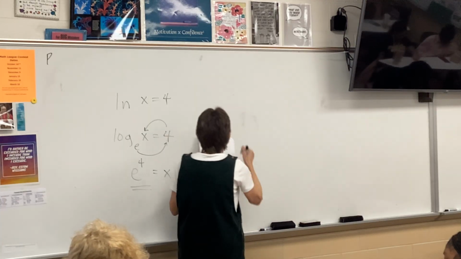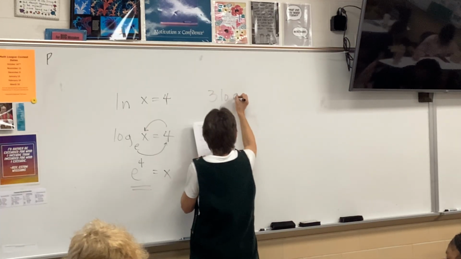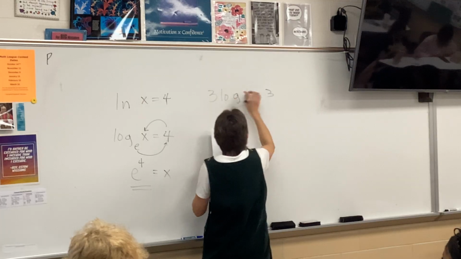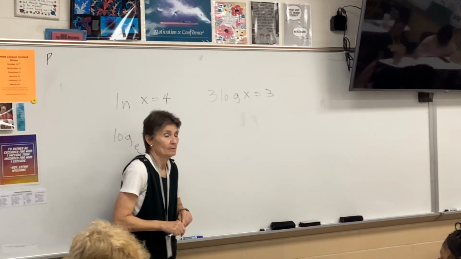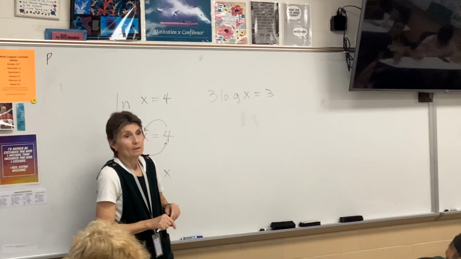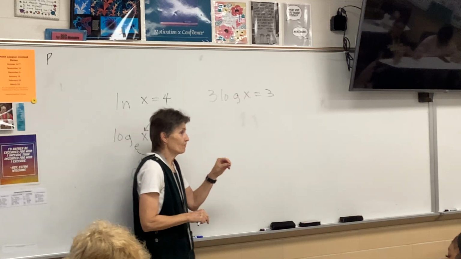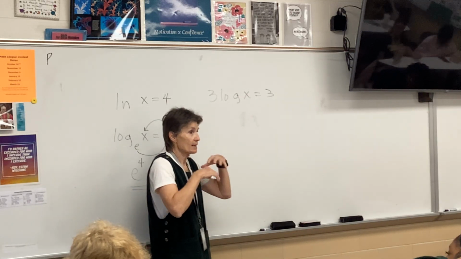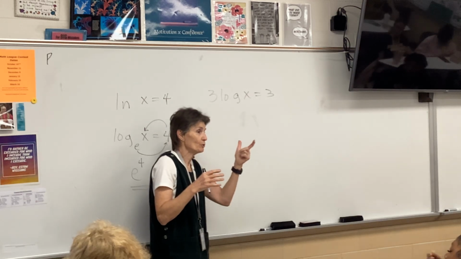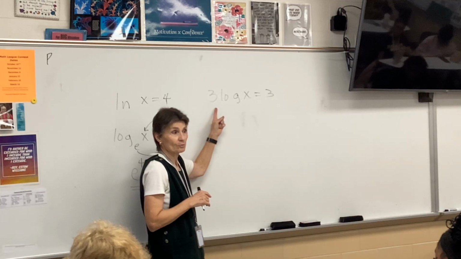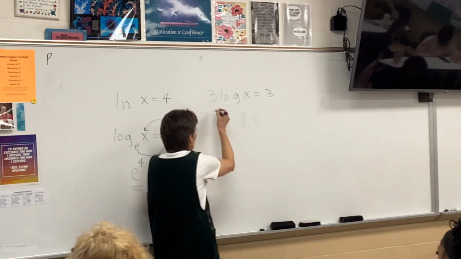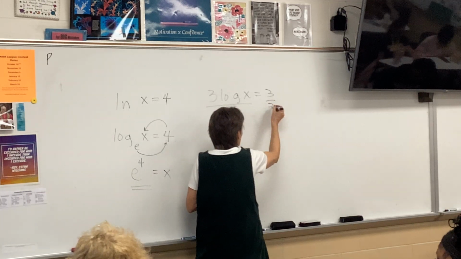Now, what about f? Let's look at f for a minute. Now, keep in mind, this is an equation. What would you do first, just in a regular equation? Divide by 3? So we're gonna divide both sides by 3.